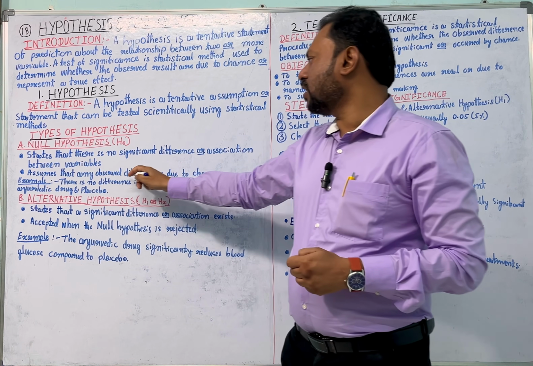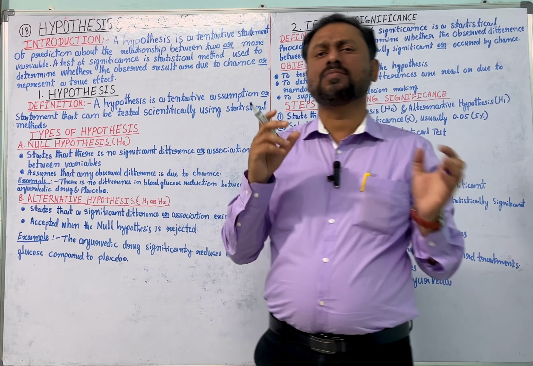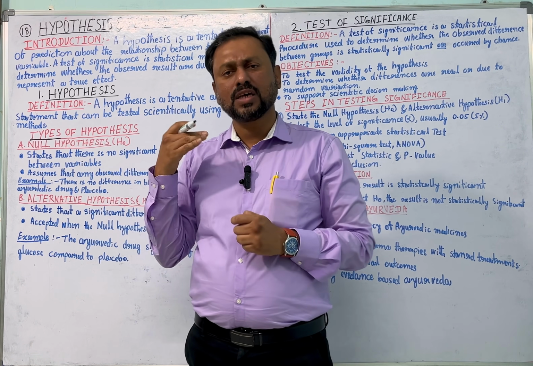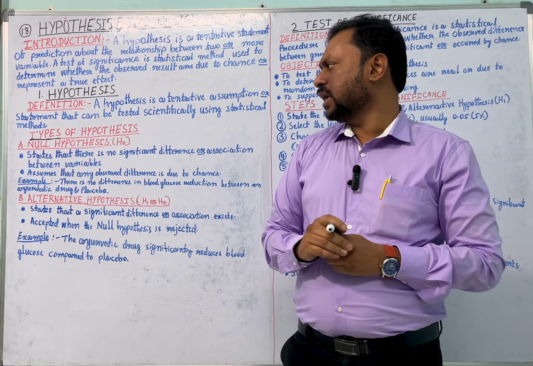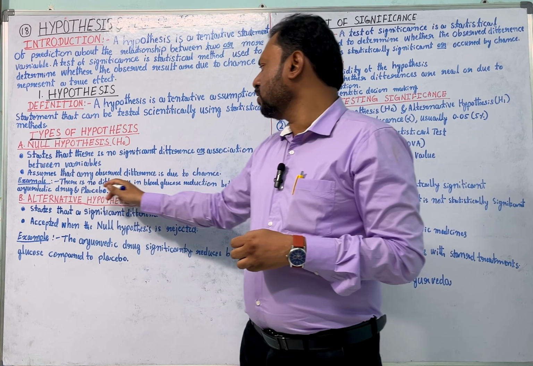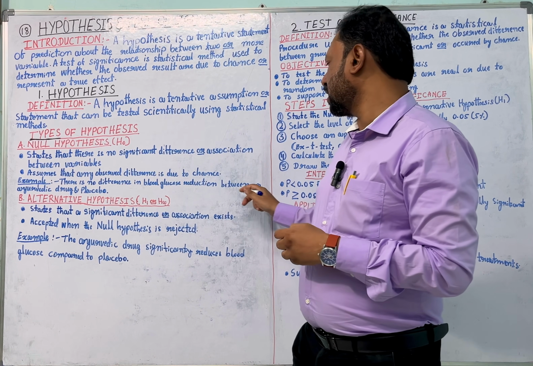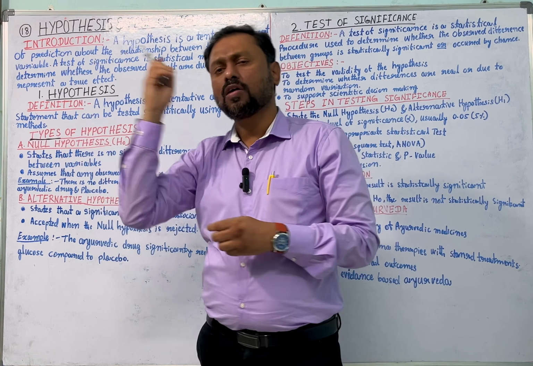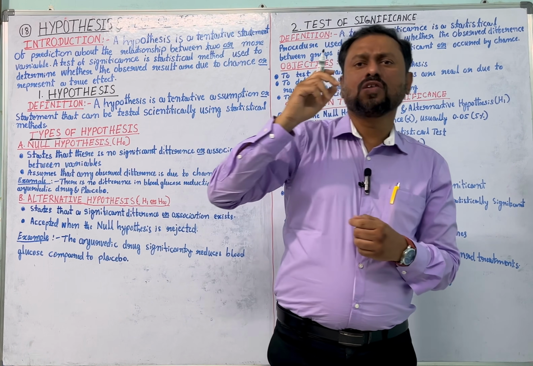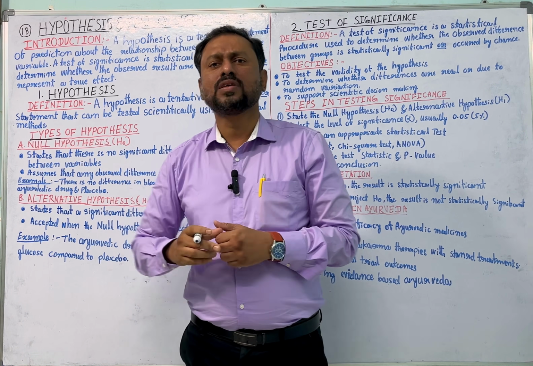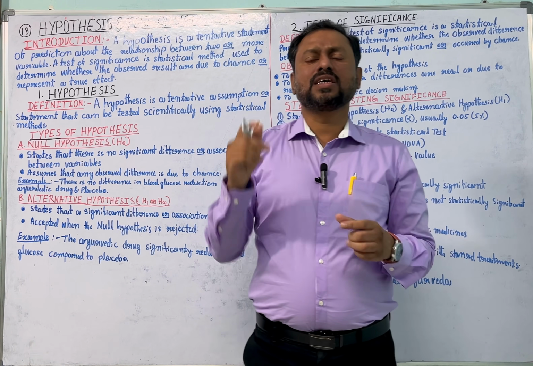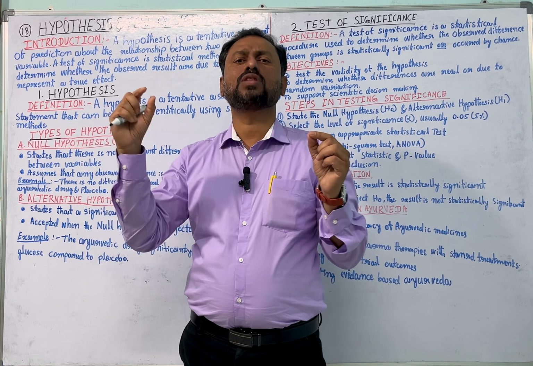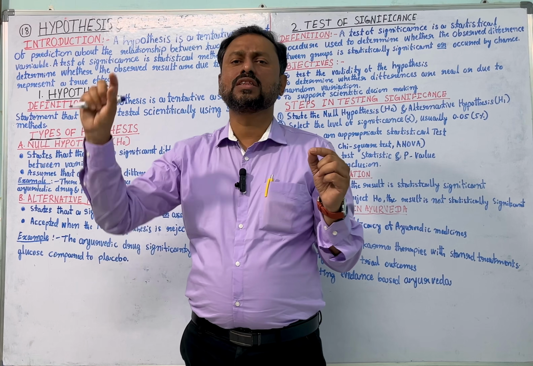Assume that any observed difference is due to chance. If there is a minor difference, it is considered as by chance. Example: there is no difference in blood sugar reduction between an Ayurvedic drug and a placebo. Consider that if you are giving a drug such as Bijakadi Vati or Asanadi Vati, there is no change in the blood sugar.